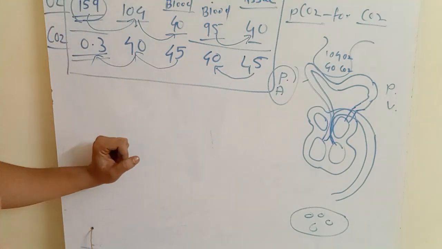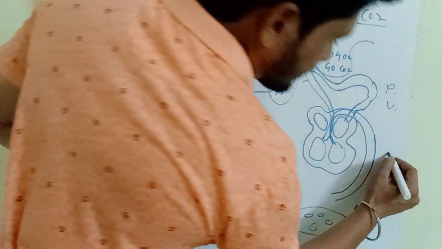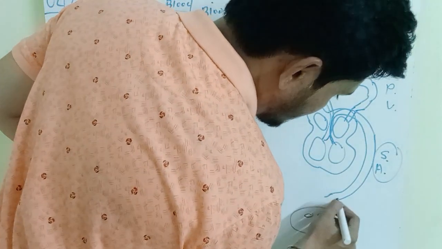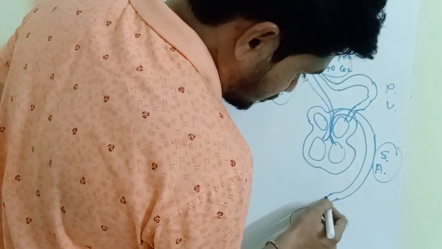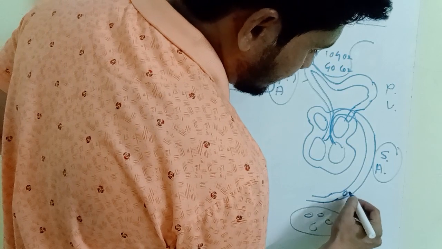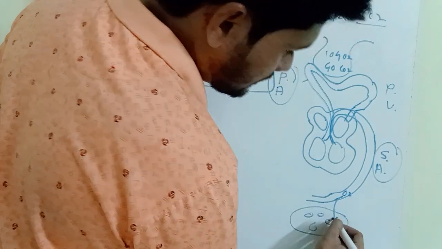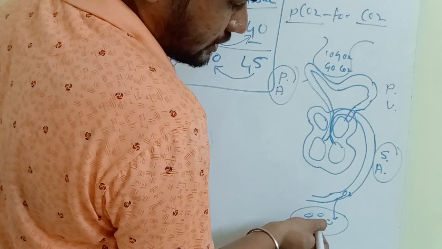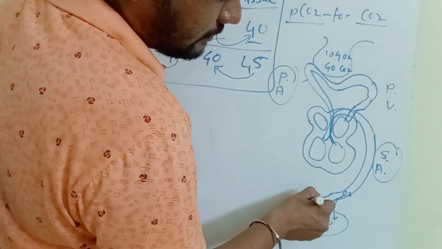This is the systemic artery. It comes to the tissues. The tissues take this oxygen, and then they produce CO2. So CO2 will come inside the blood.